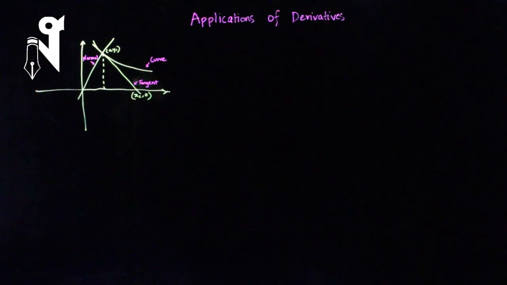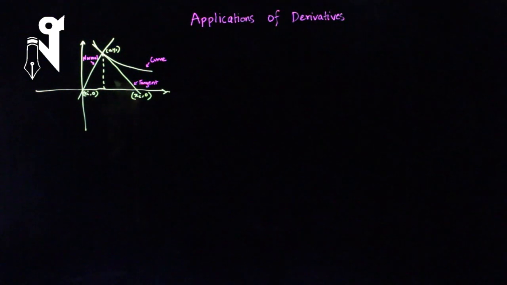So the distance between these 2 points, x1 comma y1 and xc comma 0, the x-intercept, is the length of the tangent. Similarly, the distance between x1 comma y1 and where the normal intersects the x-axis, let's call this xc dash comma 0, is the length of the normal.